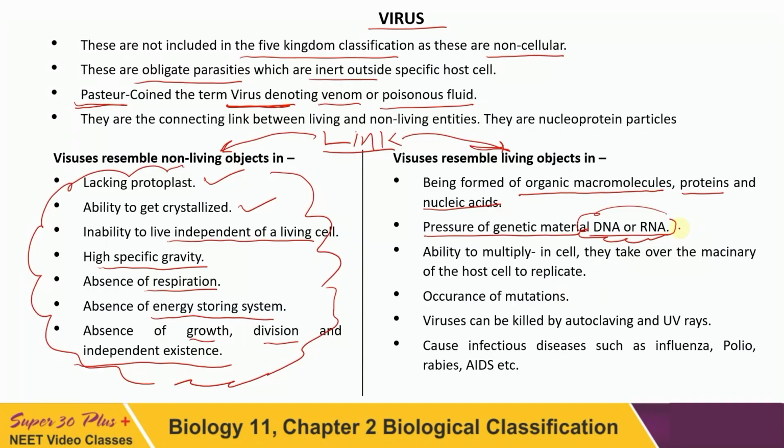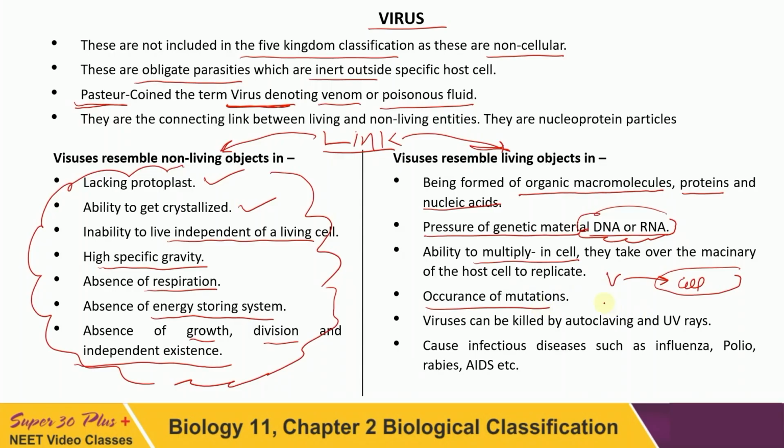These molecules act as genetic material. Virus has the ability to multiply in a cell. The virus will enter a living cell, take over the charge of this living cell, and start division inside it. It can multiply, or so-called reproduce, inside a living cell.